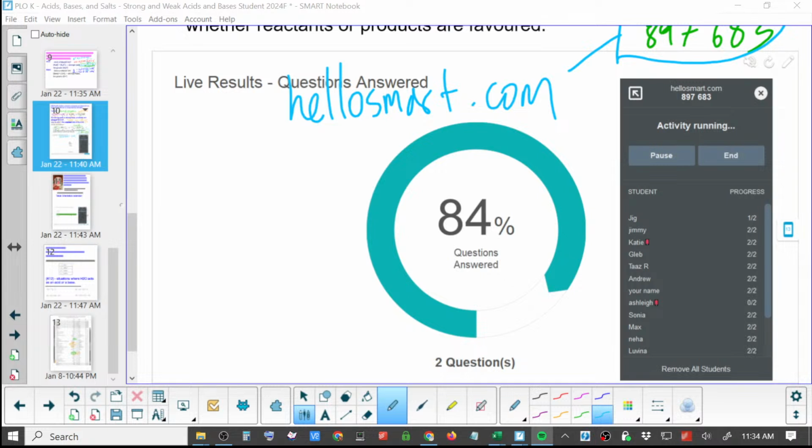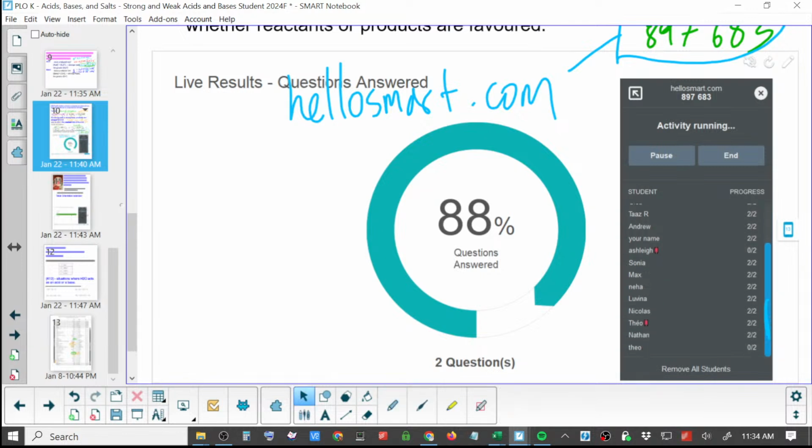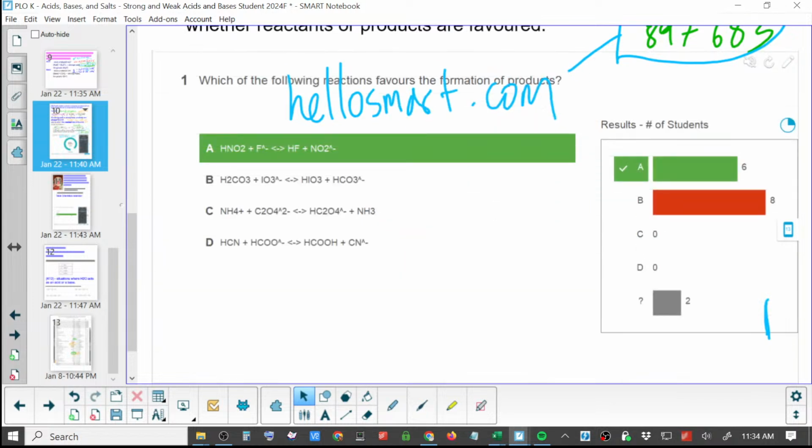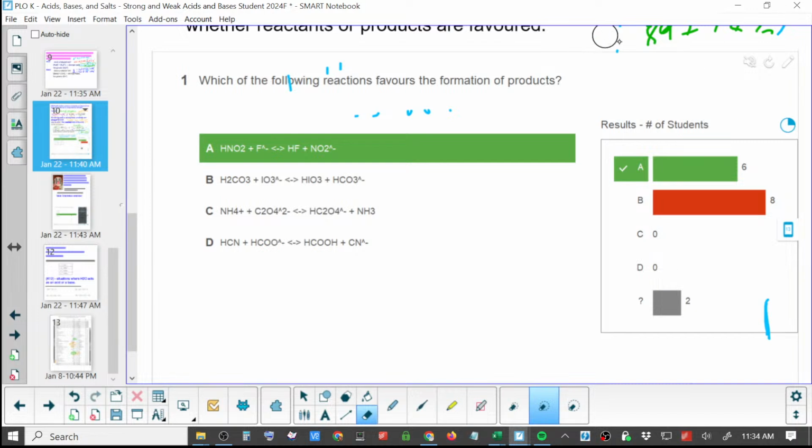Or close to done? 5, 4, 3. Ashley, have you done them at all? It says you didn't. We'll see if you pop up. Hopefully it marks it on yours even if it doesn't. I'm going to hit end. And I'll stop the music.